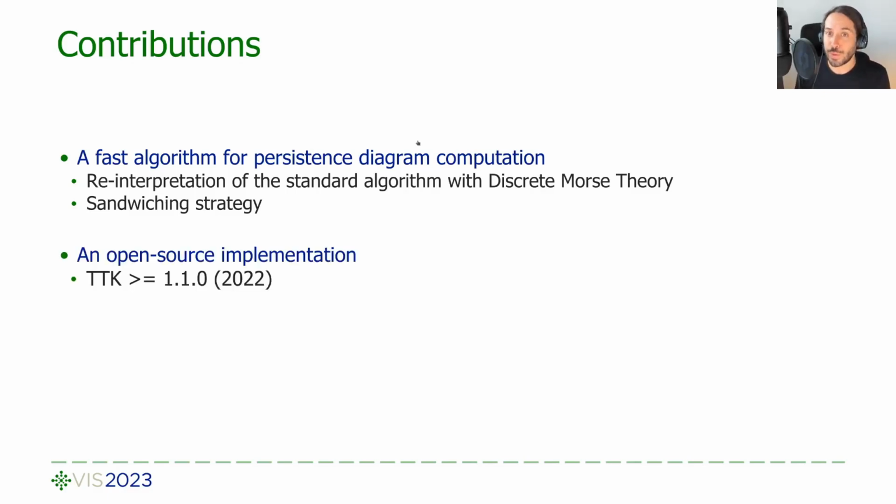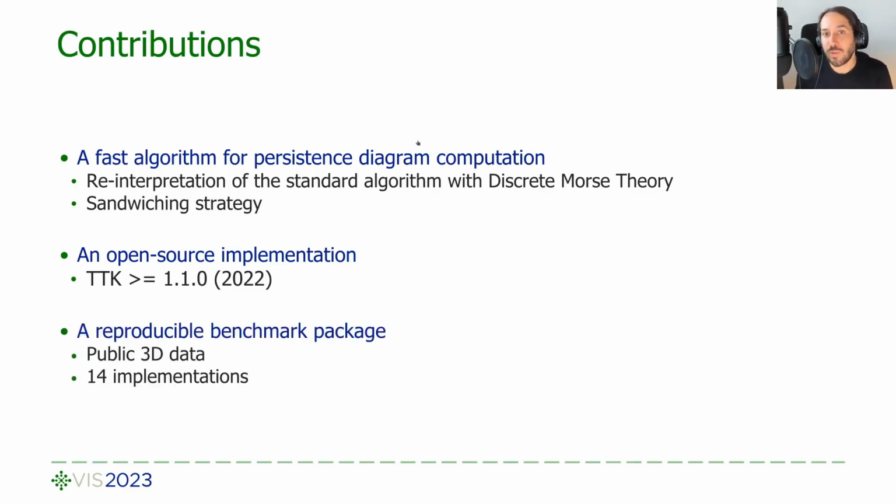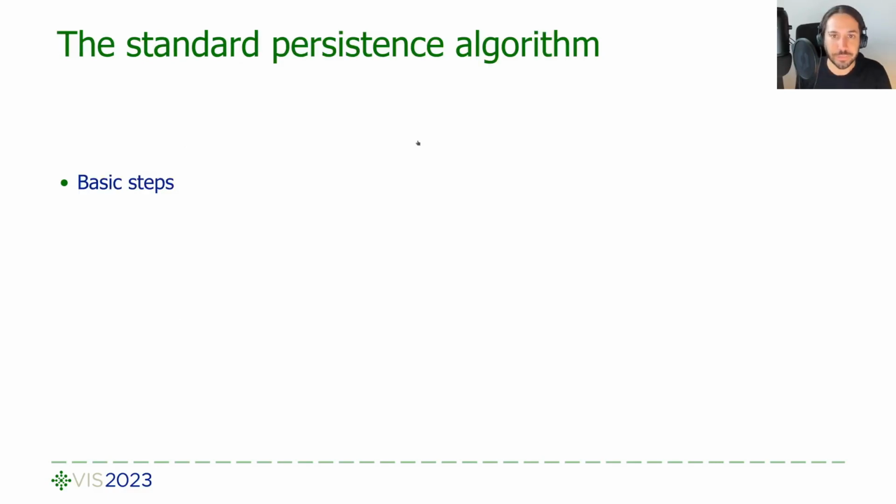We provide an open source implementation, which is now the default backend in TTK. And we provide a reproducible benchmark package, which automatically downloads data from public repositories and compares the running times and outputs of a selection of open source implementations.